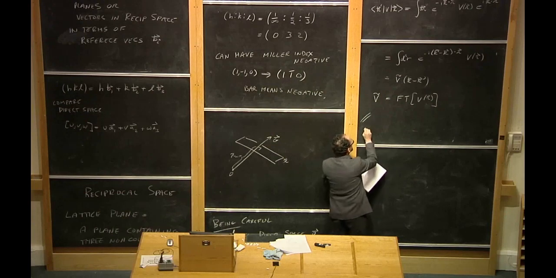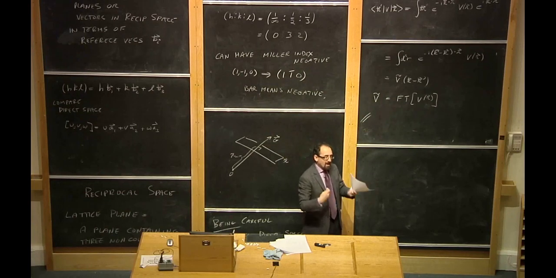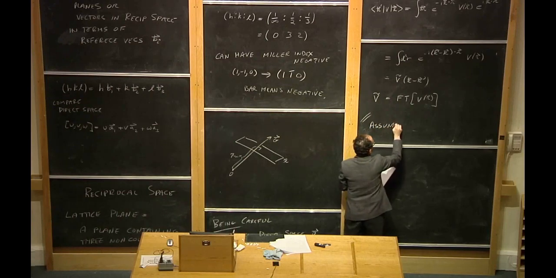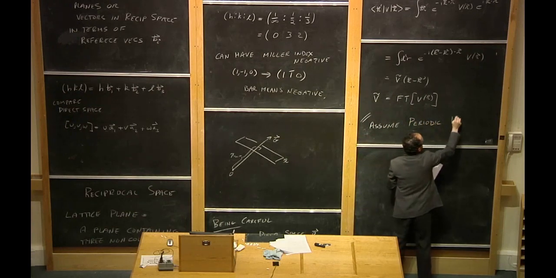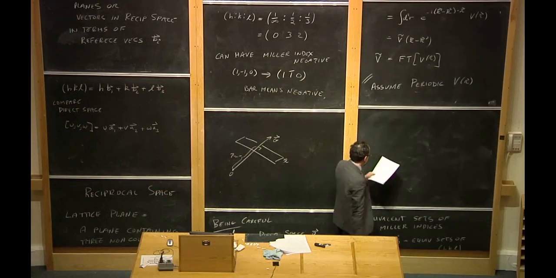Now, in the last lecture, we considered Fourier transforms of periodic functions. So we're going to assume we have a crystal, and assume a periodic scattering potential v of r. If we have anything that's crystalline, the potential will be periodic.